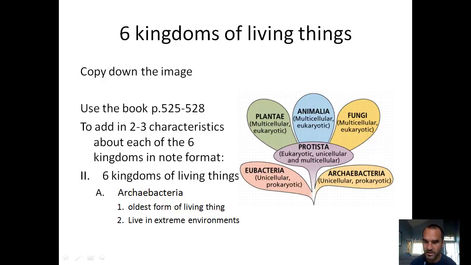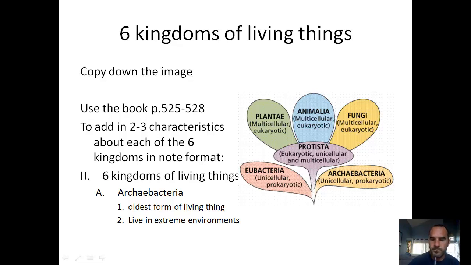So they're cells like your cells in your body or in the plants around the room. They have a nucleus, they have cell organelles, and the idea, again, if you think back to when we learned about cells, was that these larger prokaryotic cells engulfed smaller prokaryotic cells and became eukaryotic cells.